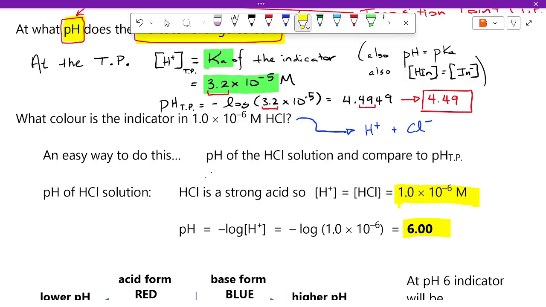So we have a pH of 6, and our pH at the transition point is 4.49. So what color will our indicator be?